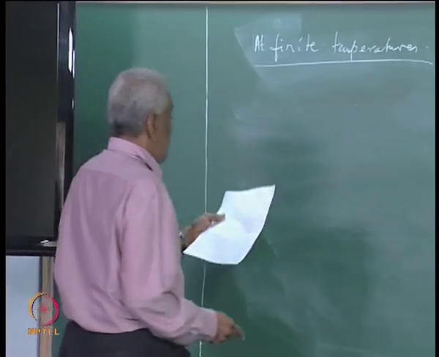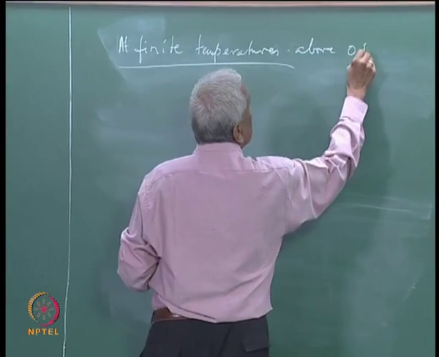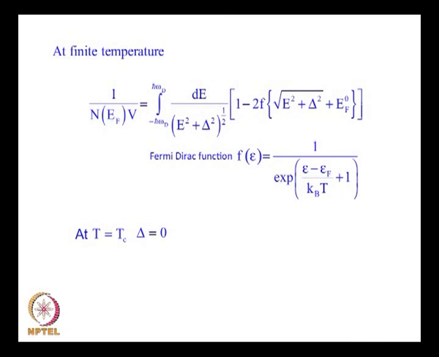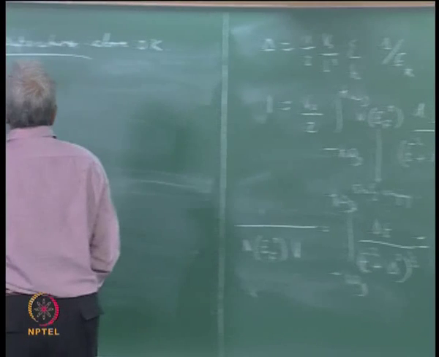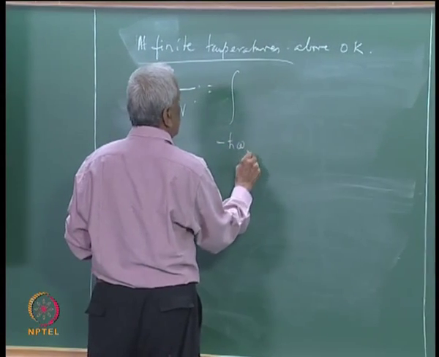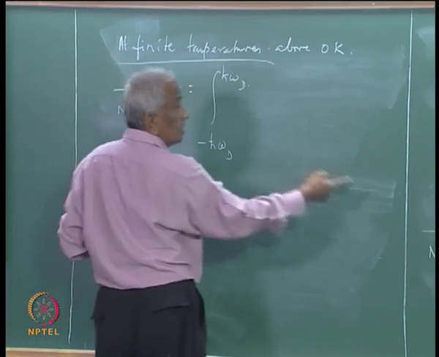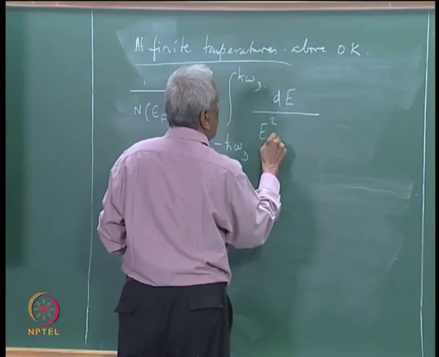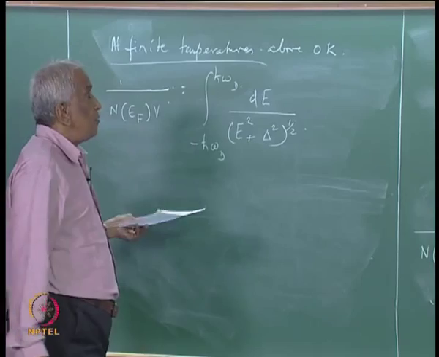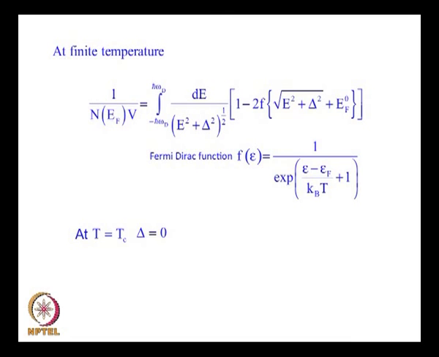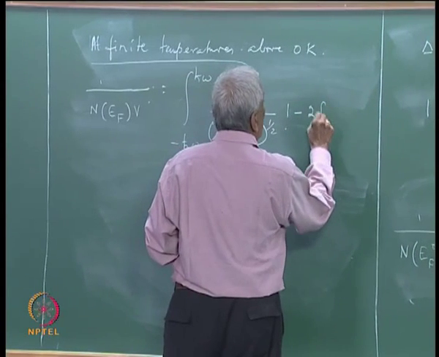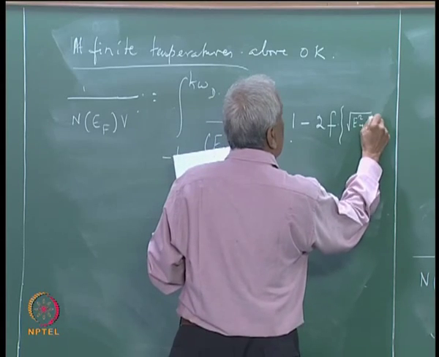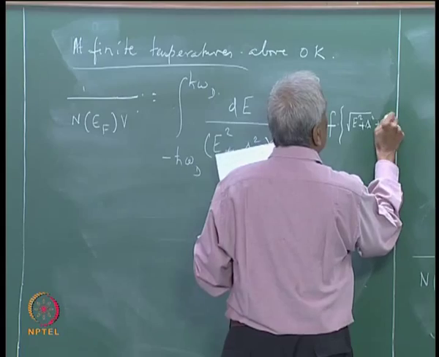When one goes to finite temperatures above 0 Kelvin, we have 1 by n of E f V, very similar to this, becomes again the integral from minus h cross omega d to plus h cross omega d of d E, but there will be a temperature dependent factor because of the statistical occupation, and that is given by 1 minus 2 f of root of E square plus delta square, plus E of 0.